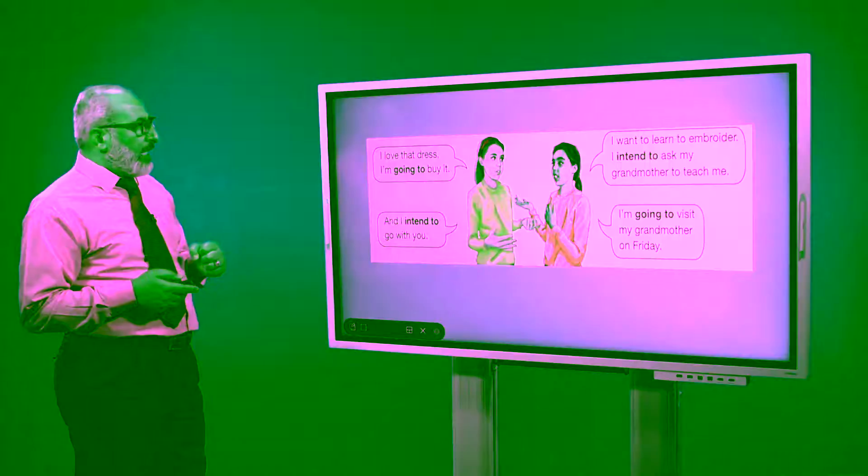Both structures, I'm going to buy, I intend to go, both are intentions. Okay? Here, I want to learn to embroider. I intend to ask my grandmother to teach me. I intend to. Oh, I'm going to visit my grandmother on Friday. So here we have the two structures, be going to plus the infinitive form of the verb, and intend to plus the infinitive form of the verb. Okay?